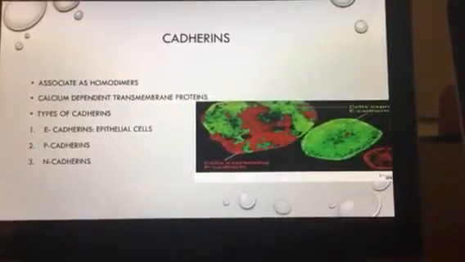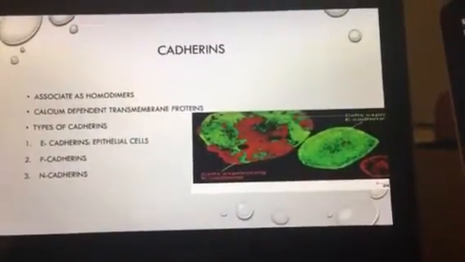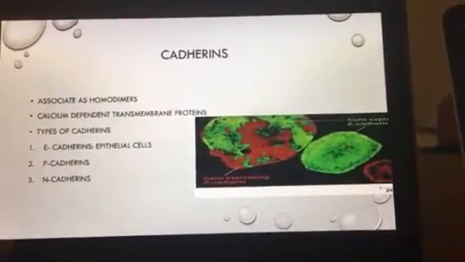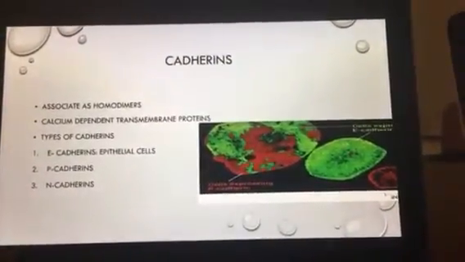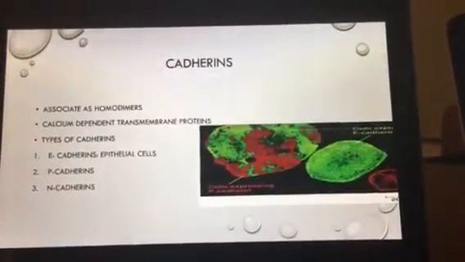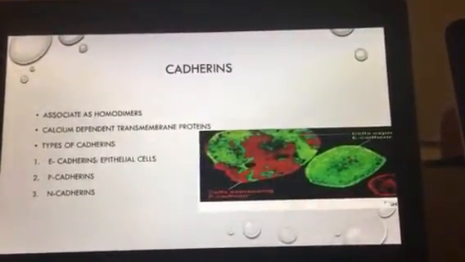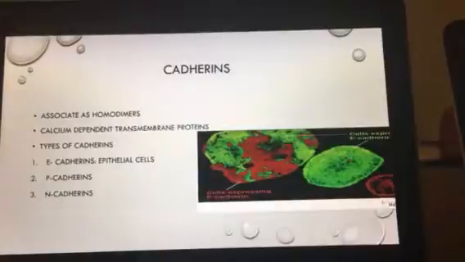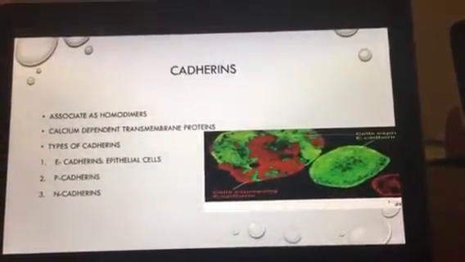P cadherins came together with similar P cadherins to ultimately form a specific tissue, and the E cadherins would adhere to other cells expressing E cadherins because they're alike, and form other specific tissues.